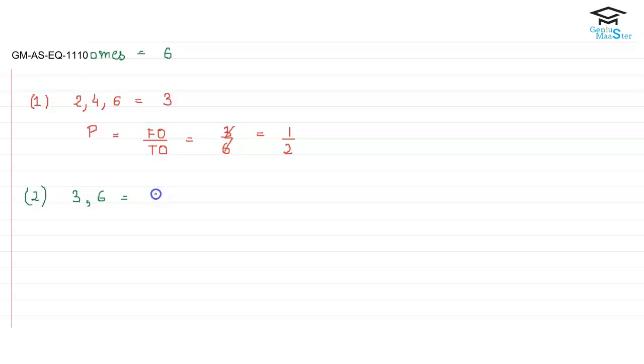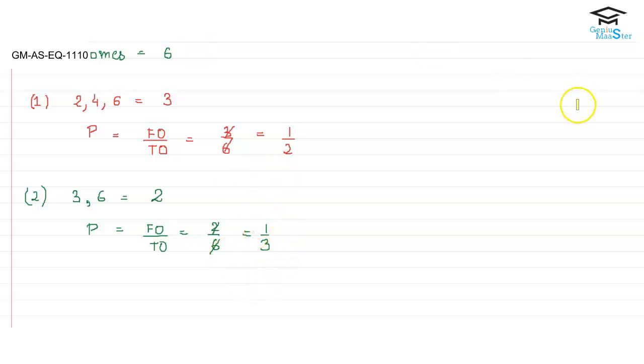So total favorable outcome is equal to 2. So the probability will be equal to favorable outcome upon total outcome, that is equal to 2 upon 6, and when we cancel it, we get 1 by 3. So this is our probability of second part.